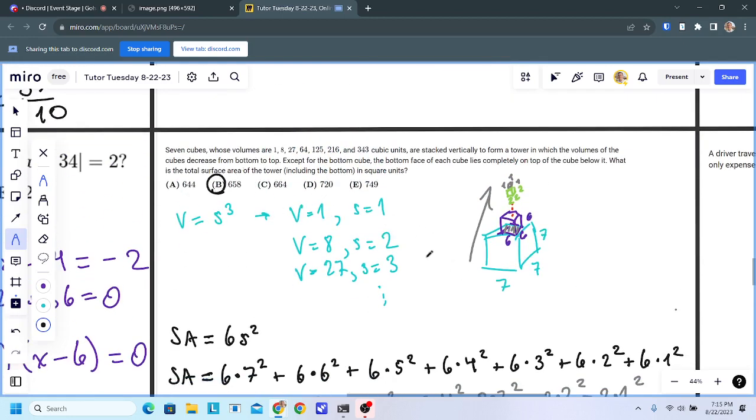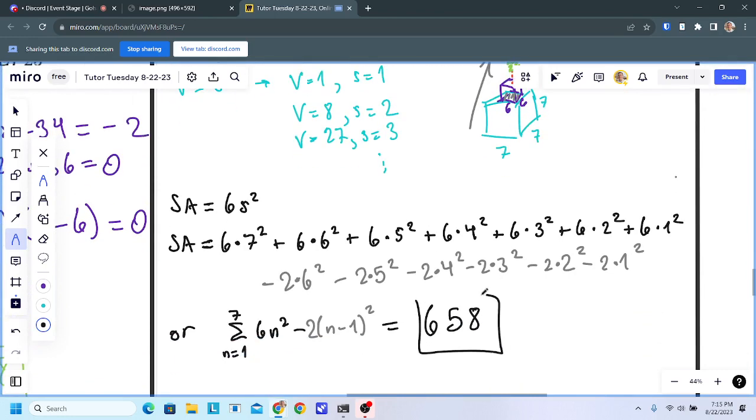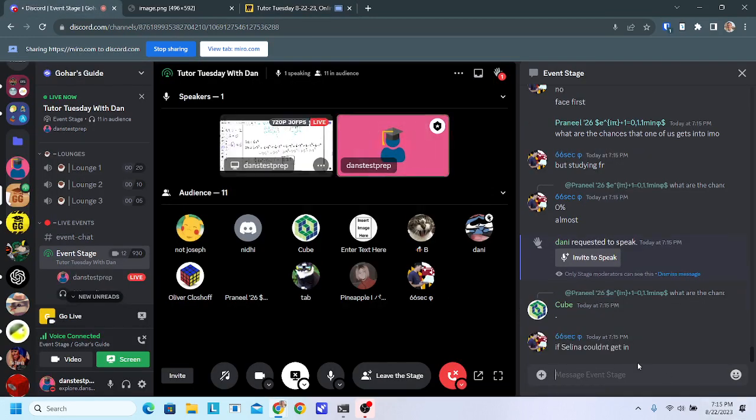That would make it answer choice B. The total surface area of this tower is going to be 658.